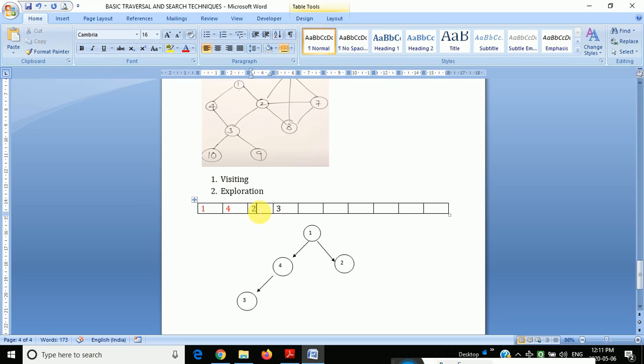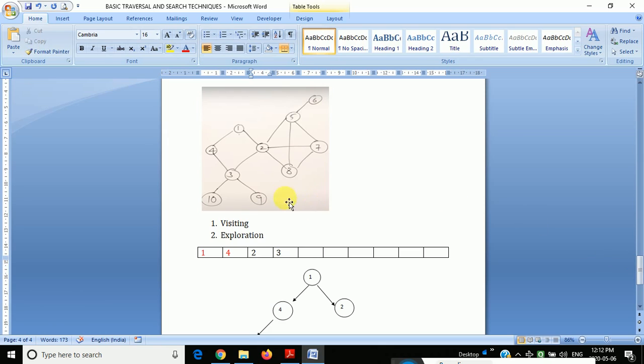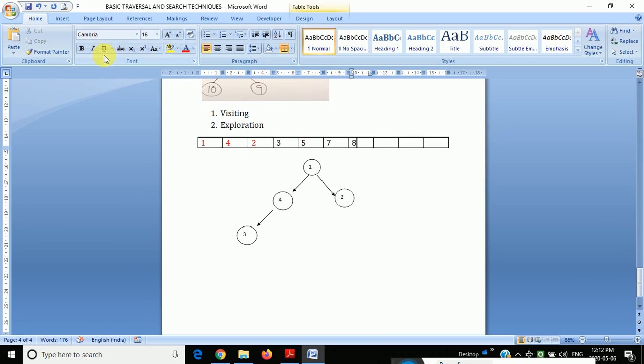2 is visited. Now we'll visit the 2 node and we have to explore that 2 node. 2 is connected to where? 5, 7 and 8. So we'll explore it. 5, 7, 8. Now what we have to do?